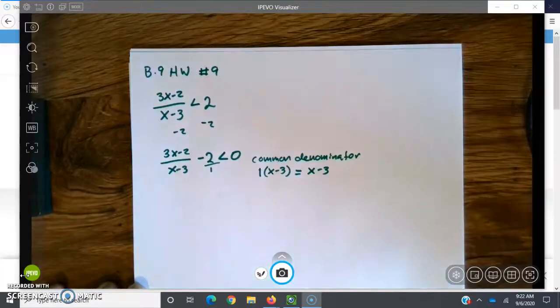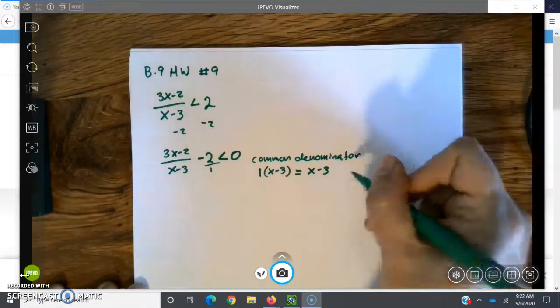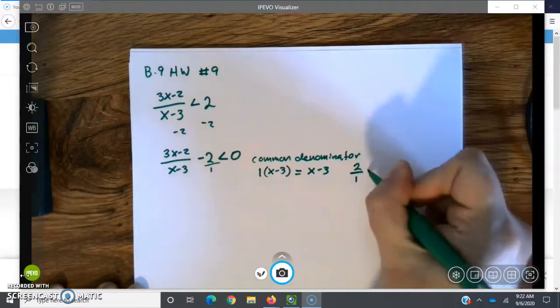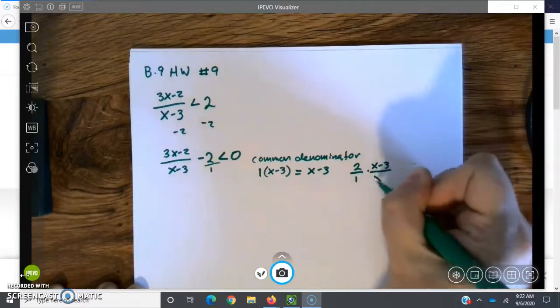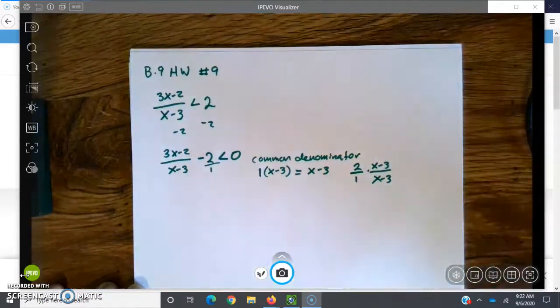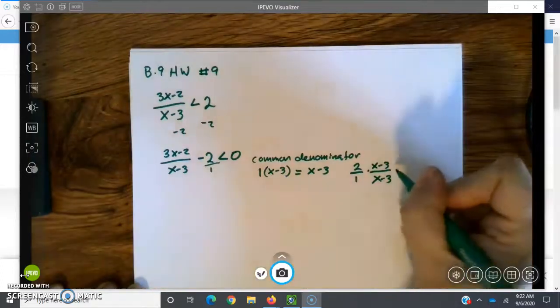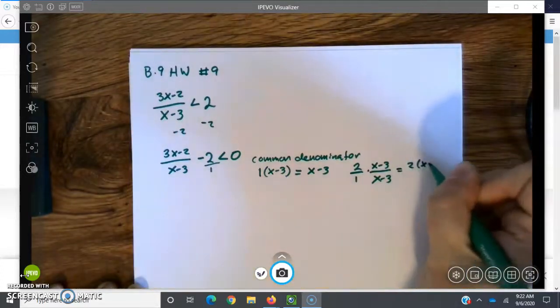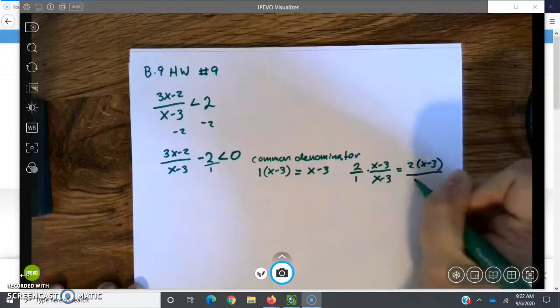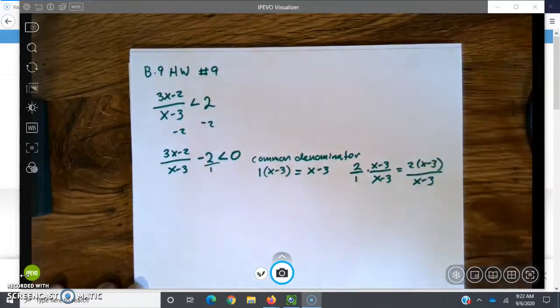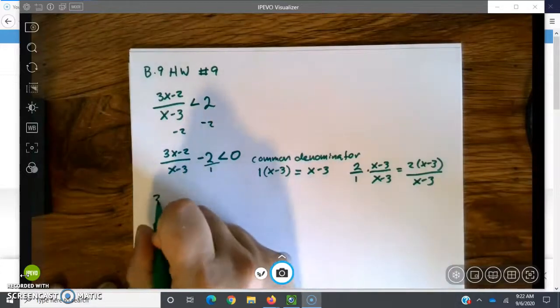So we need 2 to have a denominator of x minus 3. So you multiply it by (x - 3)/(x - 3), and we get 2 times (x - 3) over x minus 3. Okay, so that expression needs to go back into our inequality.